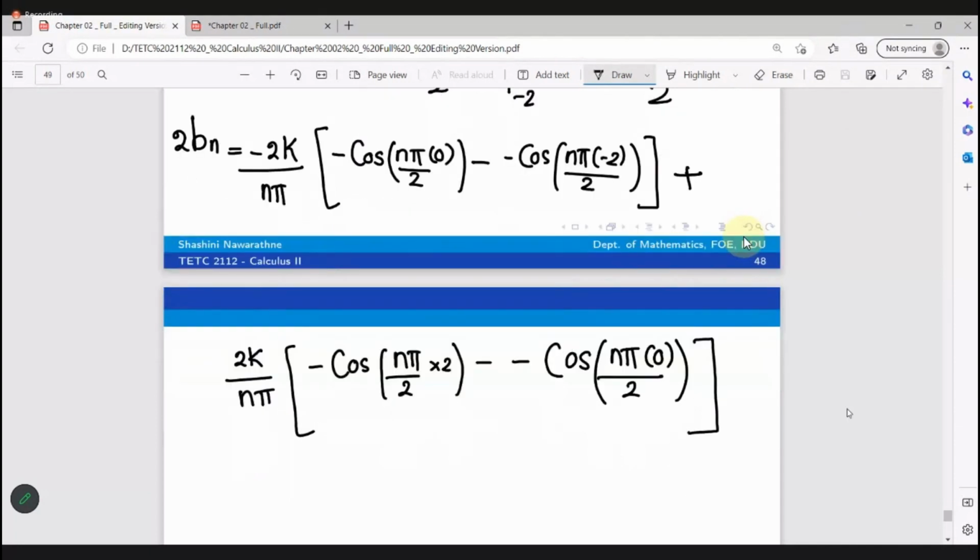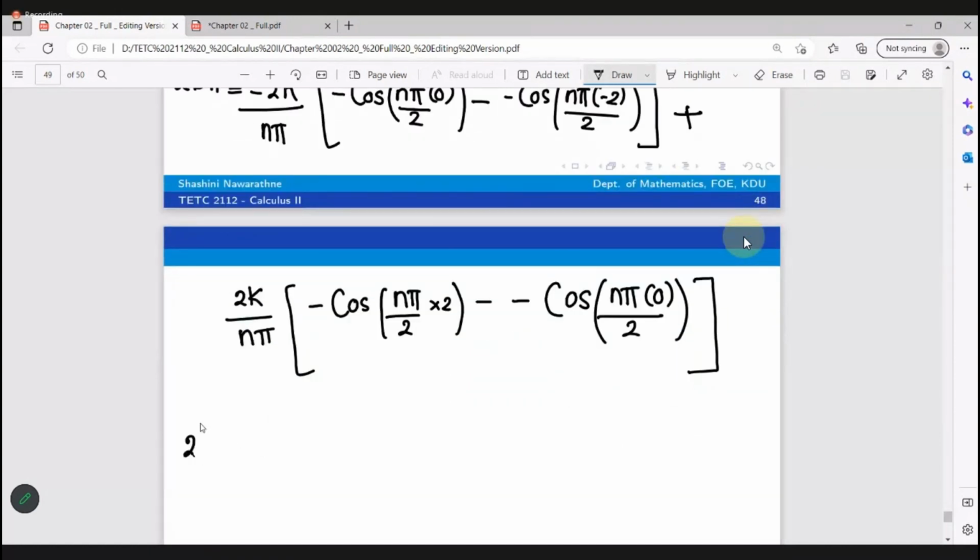And then we can write 2 times Bn is equals to minus 2k over n phi.